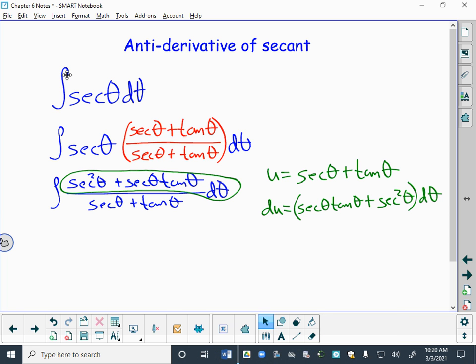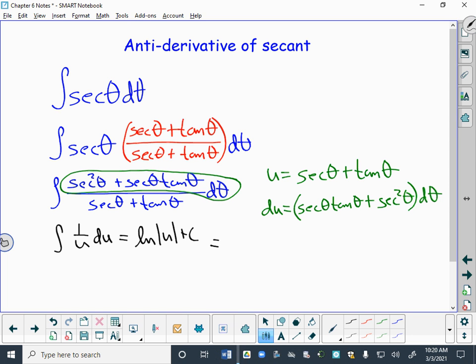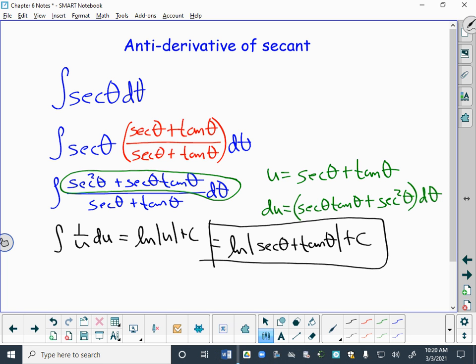So this whole problem becomes the antiderivative of 1 over u du, which I know is the natural log of the absolute value of u plus a constant, but we don't like u. U is the natural log, the absolute value of secant theta plus tangent theta plus a constant. So this is the antiderivative of secant theta.